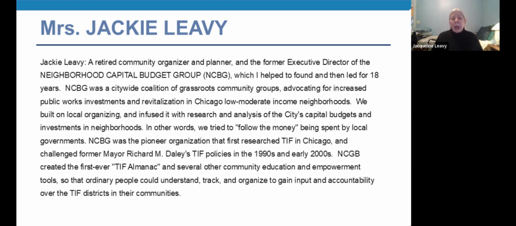What I would like to do is encourage you to look at the TIF document that Mr. Diggs has prepared, because on page 10, I've come up with some basic questions. Before you can decide how you feel about the Village of Maywood proposing 4 new TIF districts, it's really essential that you try to understand what has happened historically in your community with the TIF districts that do exist.